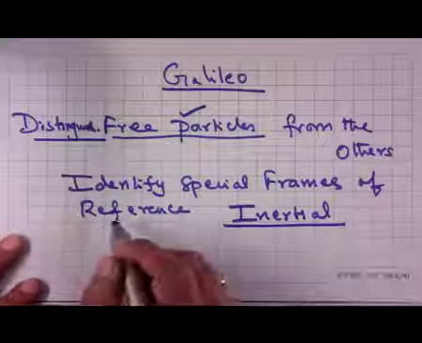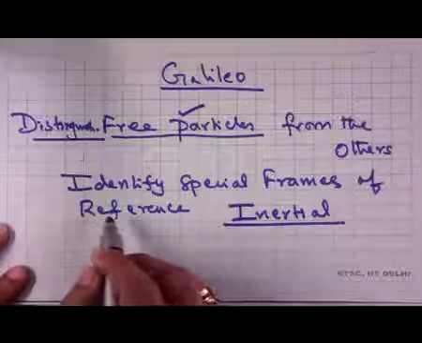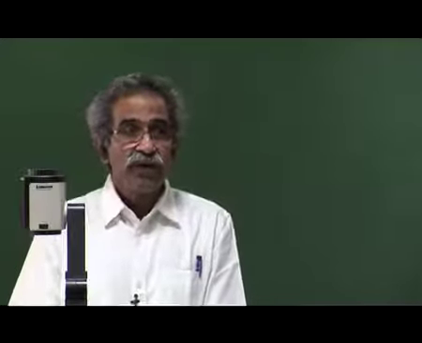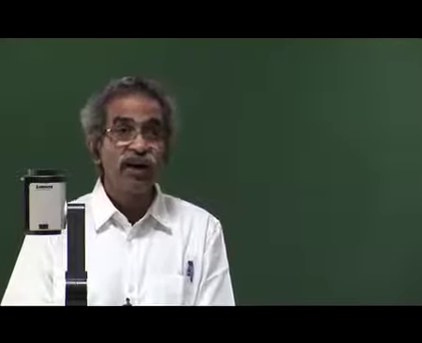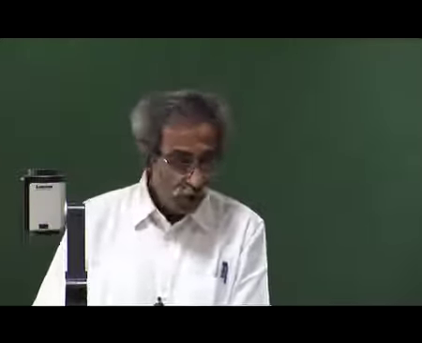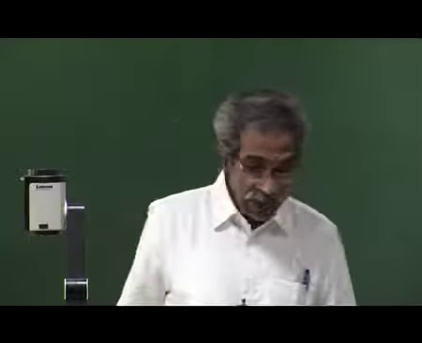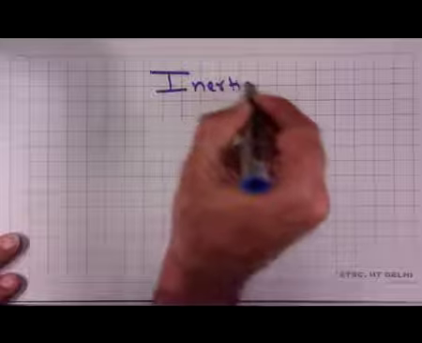So what are inertial frames of reference? Inertial frames of reference are those frames in which a body which is not acted upon by any force will not accelerate. So that is the statement. No applied force means no acceleration. So what does it mean? So let us make it even more clear.